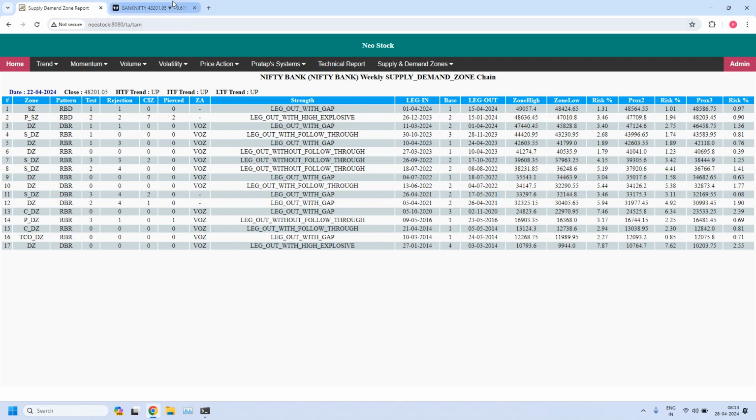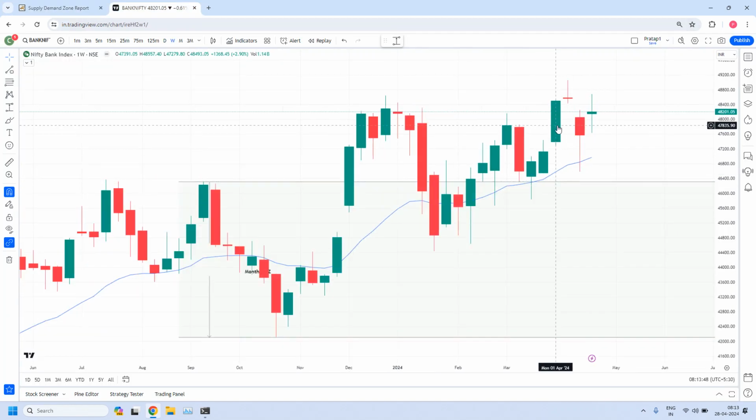1st April, one base candle. We have a rally. We have a base candle. And we have a drop candle with a hidden body. If you add the hidden body, it is having a very good body. Moreover, it is an ERC candle, a very big candle.